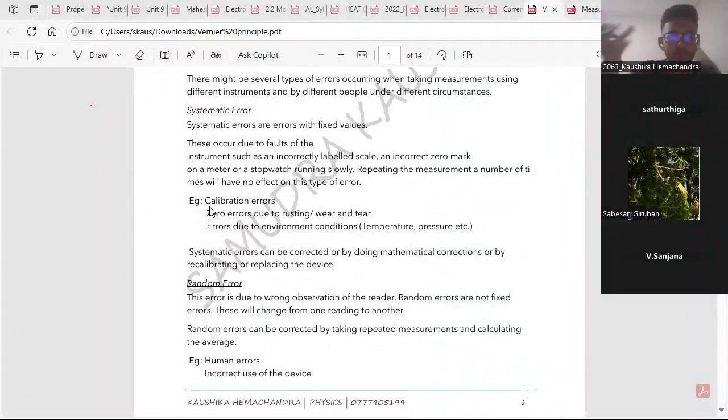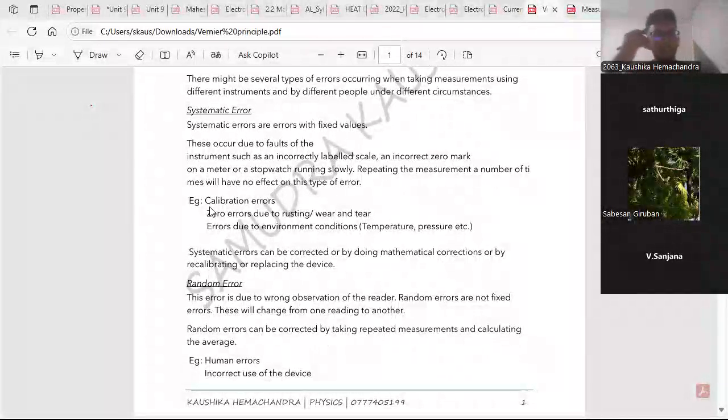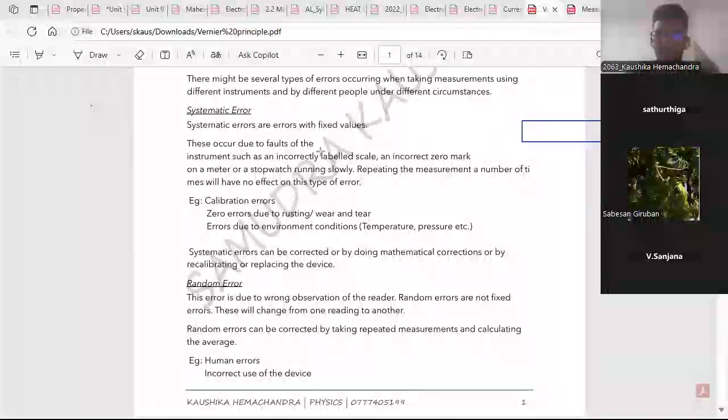The instrument is what is having the problem. For example, let's say this is a meter ruler, and they have marked this as 0 and this as 100 centimeters.